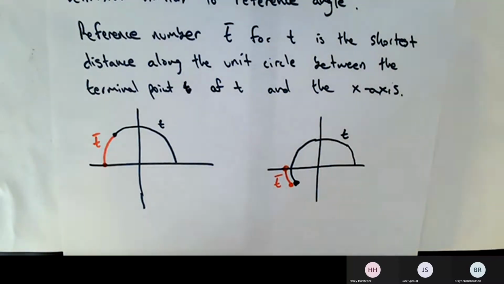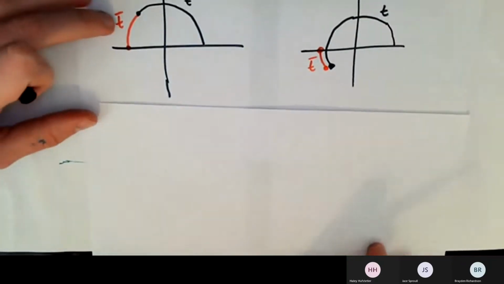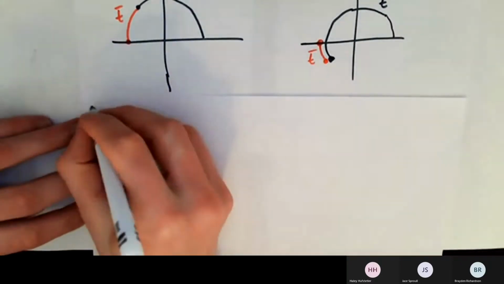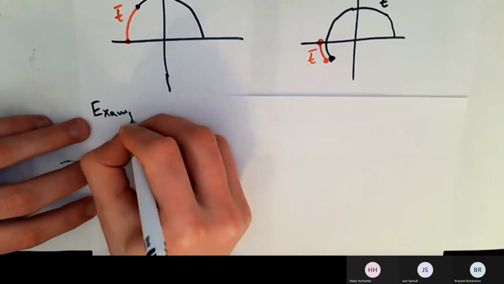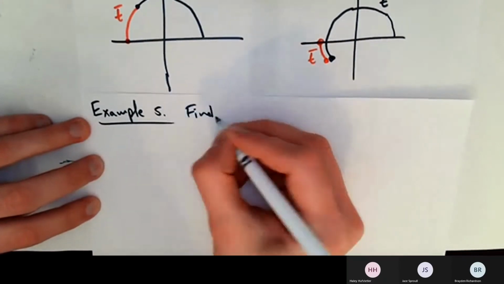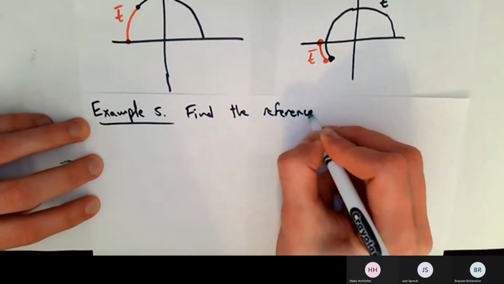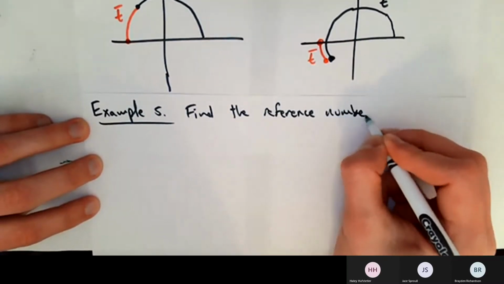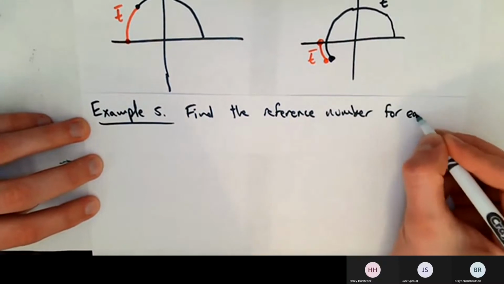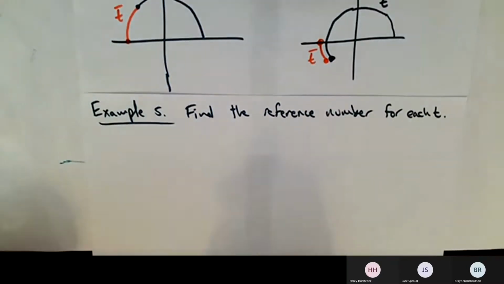This is going to be the more technical way of getting outside of the first quadrant. So example 5. Find the reference number for each t.